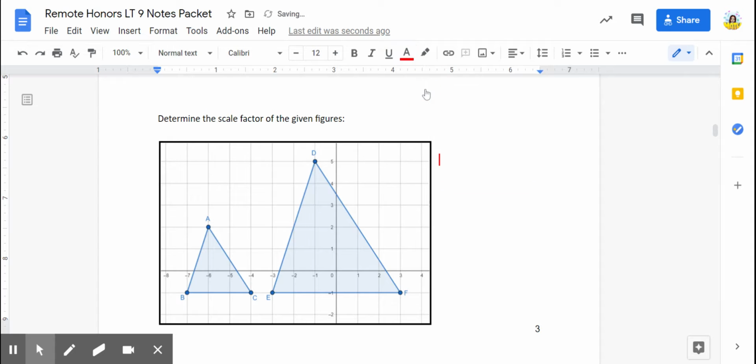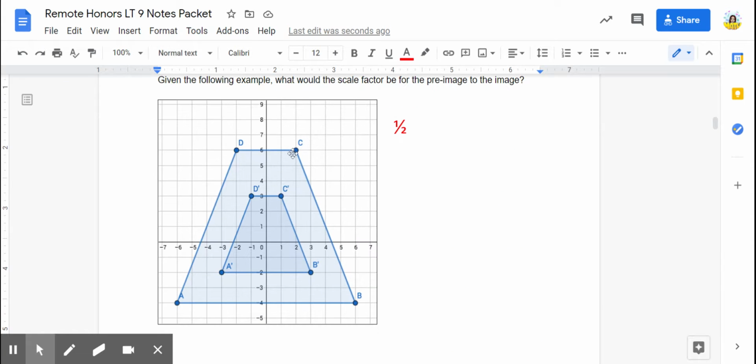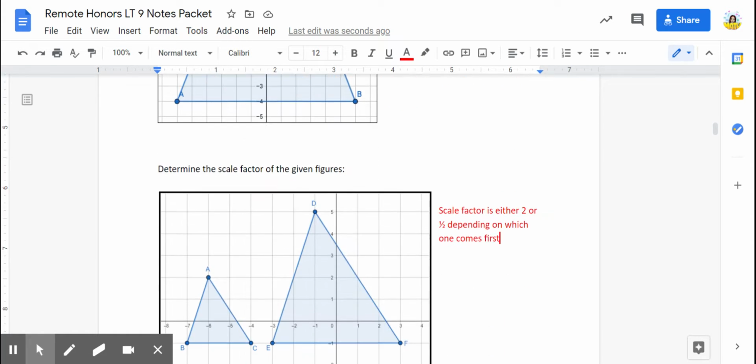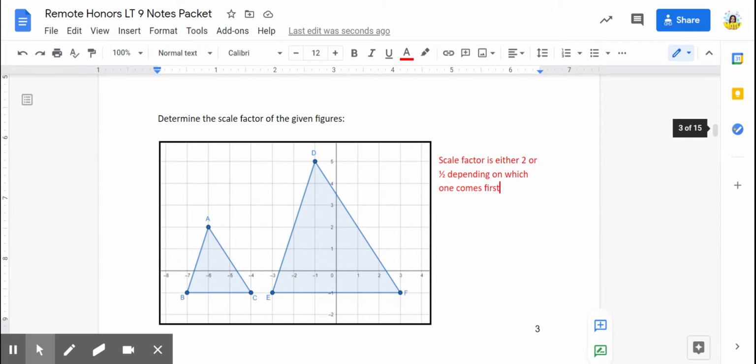So we can say that our scale factor is either 2 or 1/2, depending on which one comes first. We don't know in this case, so either one would be fine. It's when we have the pre-image and the image determined by the apostrophes that it becomes right or wrong as to which direction you go. And that is pretty much everything for scale factor.